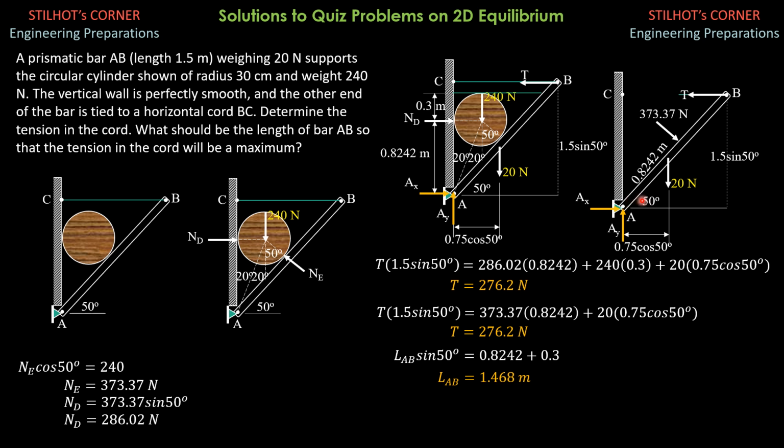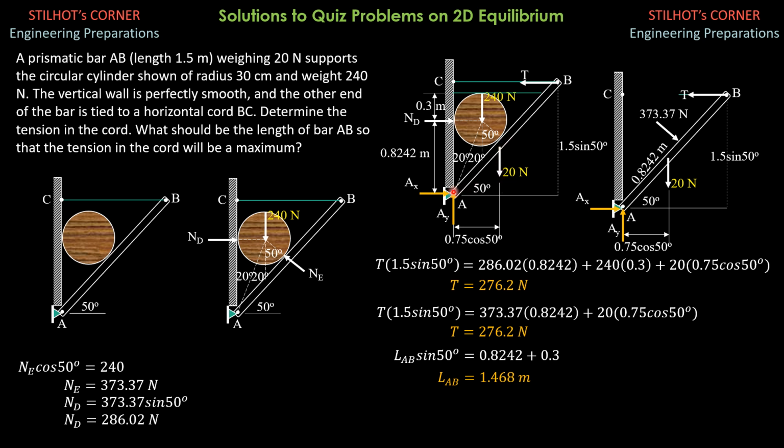So that's the distance of ND from A, which is the same distance of NE from A. If we just consider the free body diagram of this part, we have tension, then ND, AX, AY, and the weight of the bar, 20.